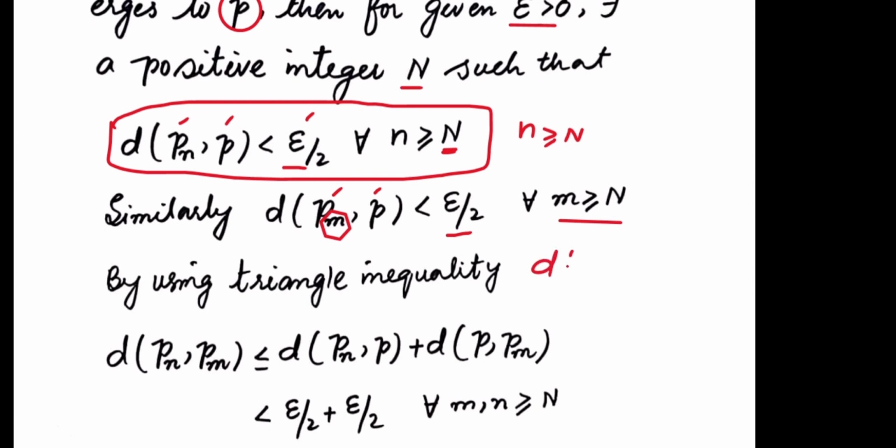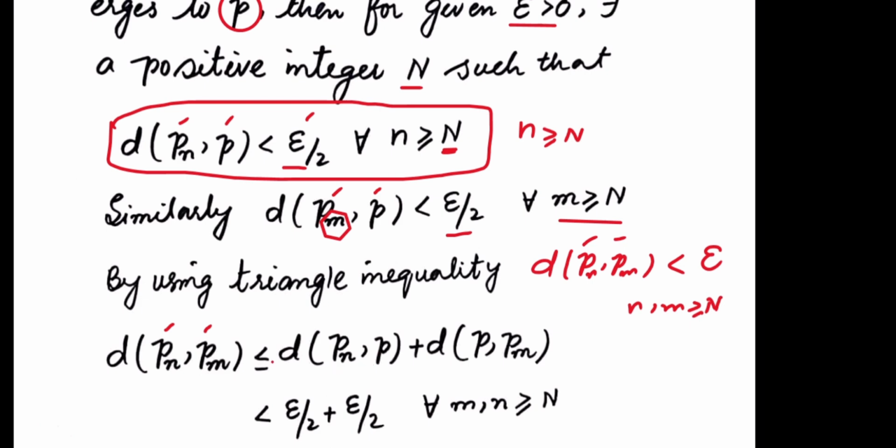As you know, a sequence is called a Cauchy sequence if the distance between any two of its terms is always less than some positive real number epsilon whenever n and m are greater than or equal to some positive integer N. So by using the triangle inequality, I consider the distance of Pn from Pm.